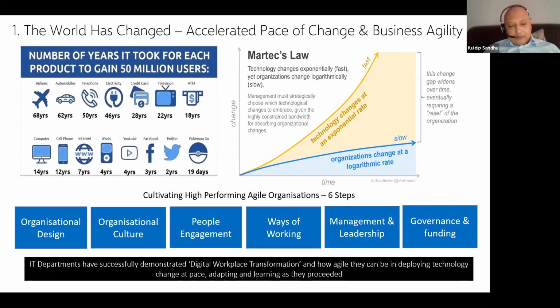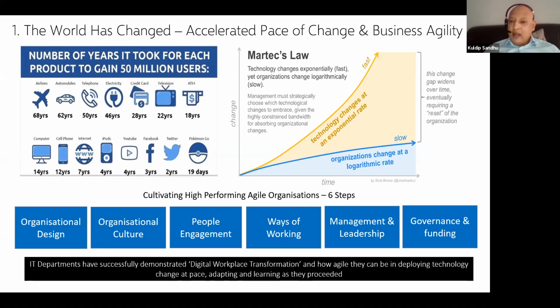I think over the last 5 months, one of the things I've realized as I've been talking to CIOs is that IT departments have really had the light shone on them, and they've really excelled in moving their workforce to work remotely. I coined it the digital workplace for transformation.